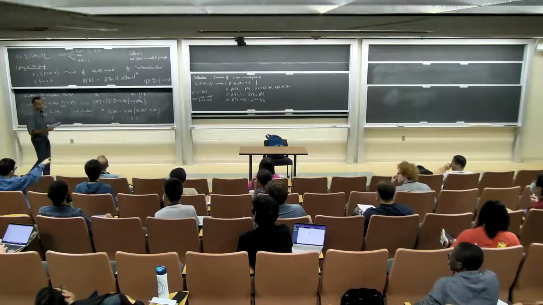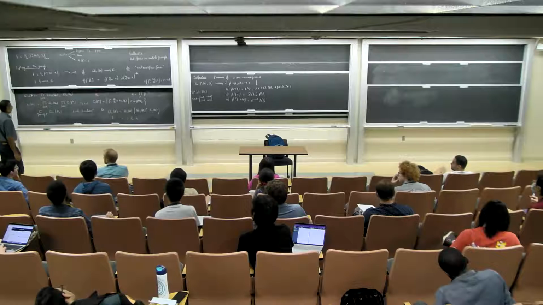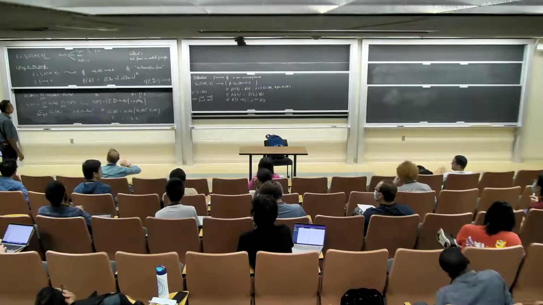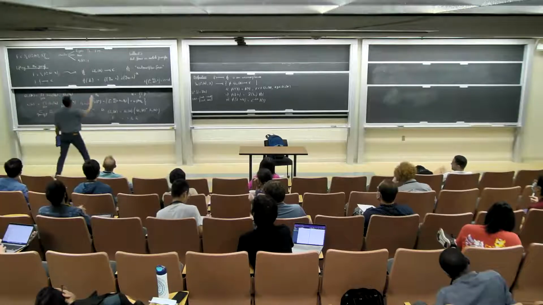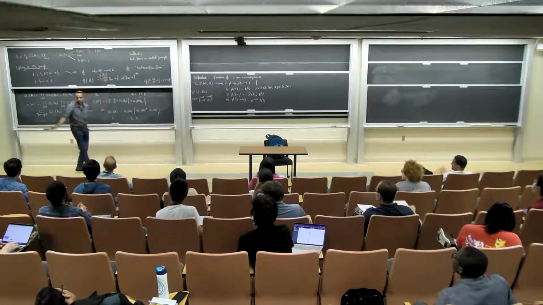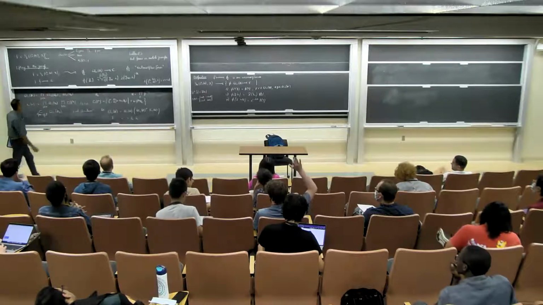Because K naught is trivial in this function. Yeah, I have the same question, so let me just check for a second. I think you're right. This should be. Now that's it. We have G bar.